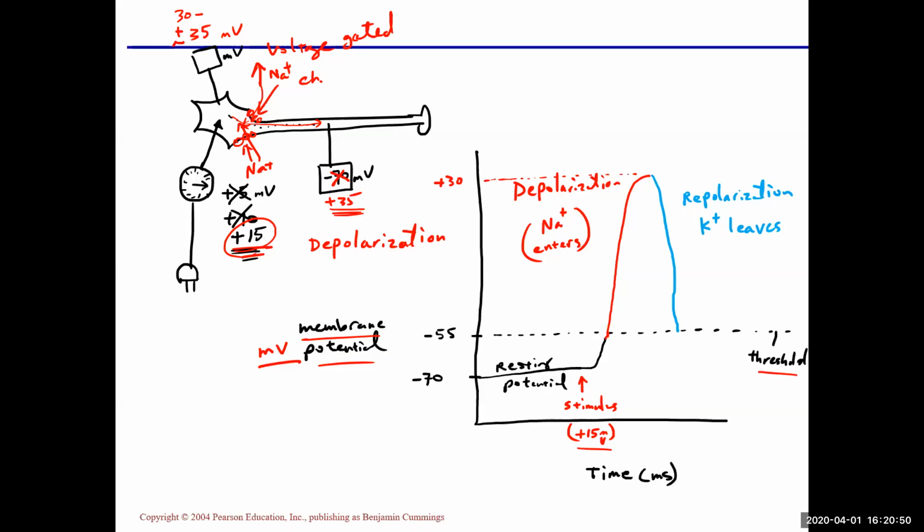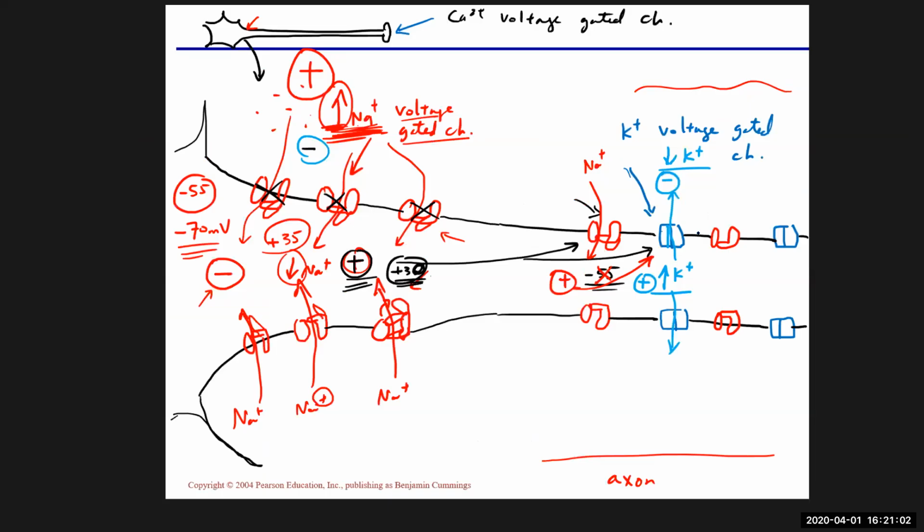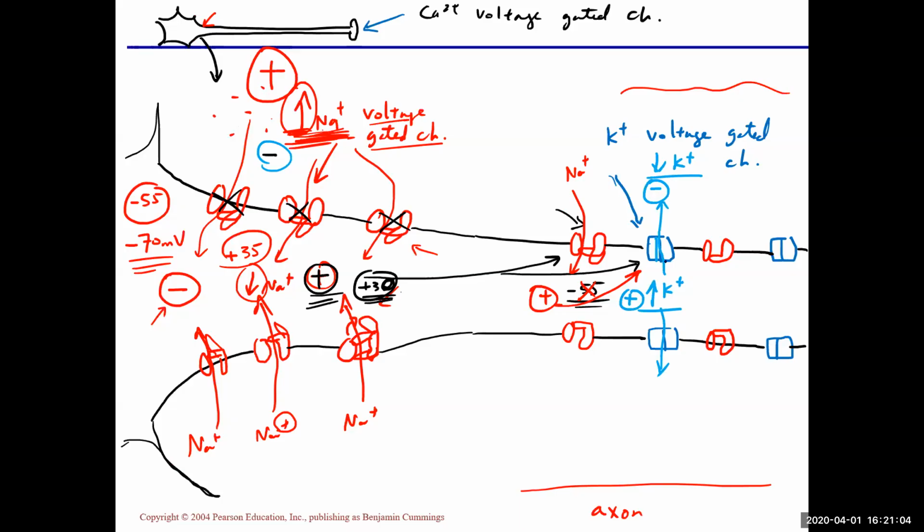So potassium keeps on leaving. However, something interesting about potassium and the nature of it is that these channels are slow in closing. Think about some of the elevators. They're open, but when you go to the elevator, it takes forever to close. Some elevators are not like that.